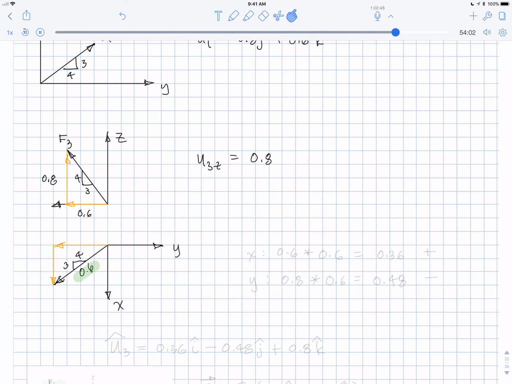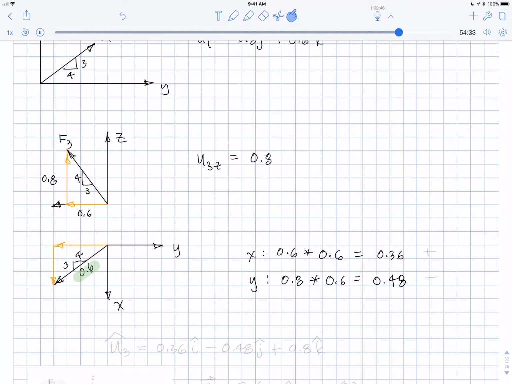The x component will be 3/5, or 0.6, times the xy component, which is 0.6, or 0.36, and the y component will be 4/5 or 0.8 times the xy component, which is 0.6, which is 0.48.